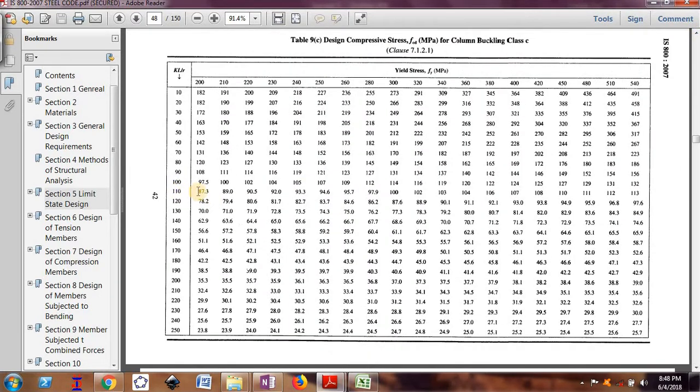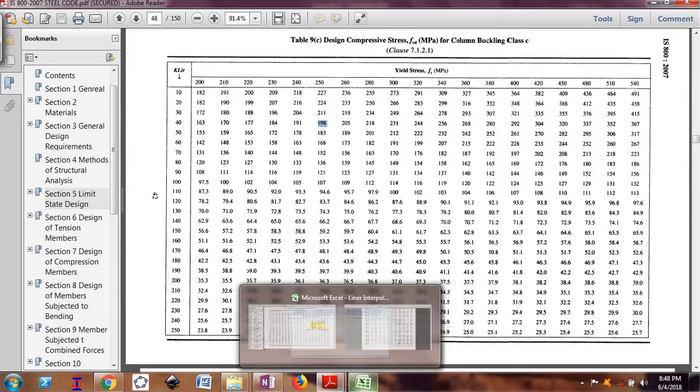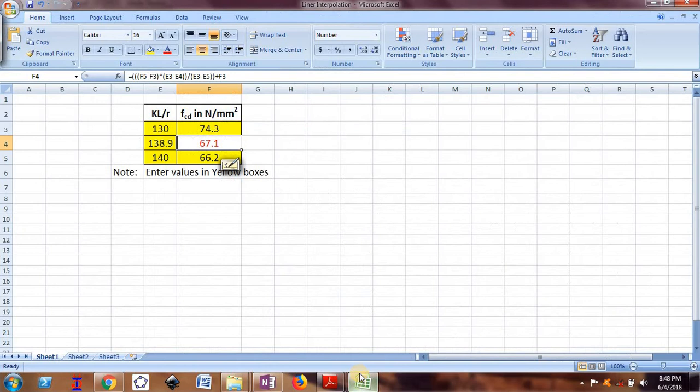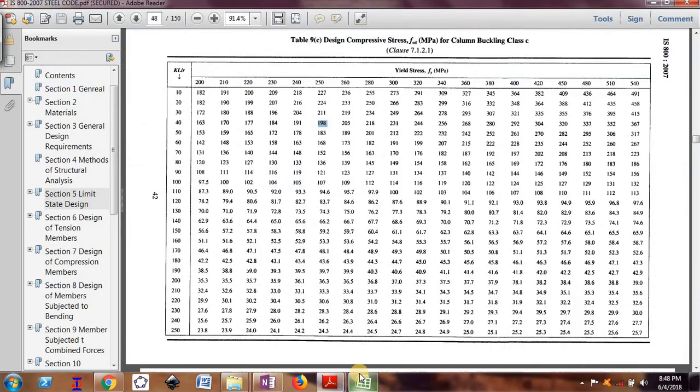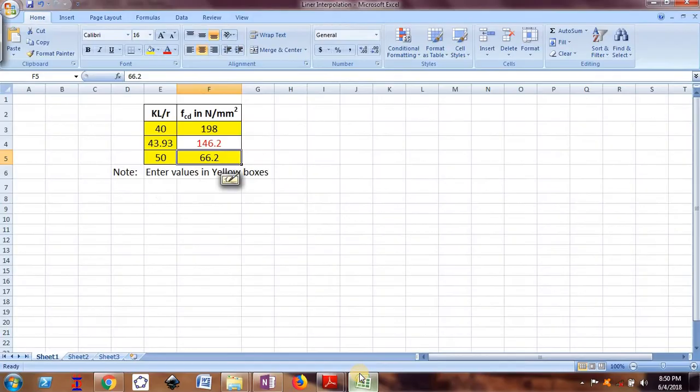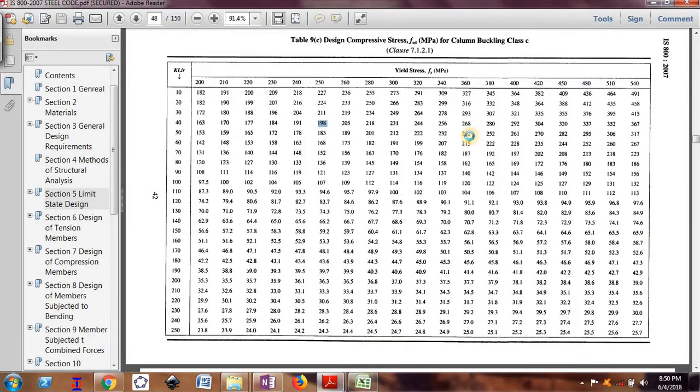Okay, so 43.93 lies in between 40 and 50. For 40 it is 198, and for 50 it is 183. We'll just use the interpolation formula.